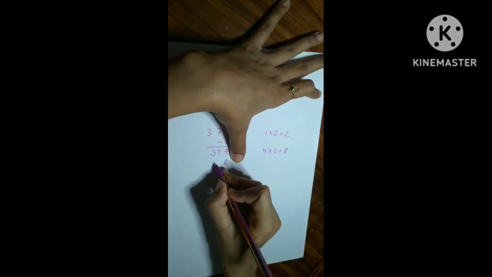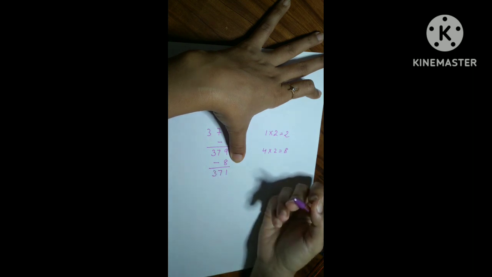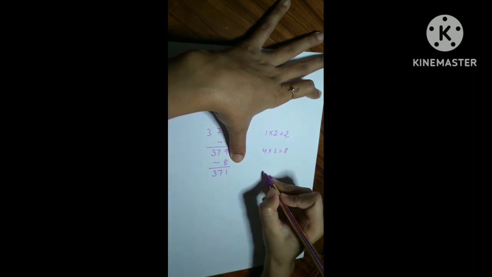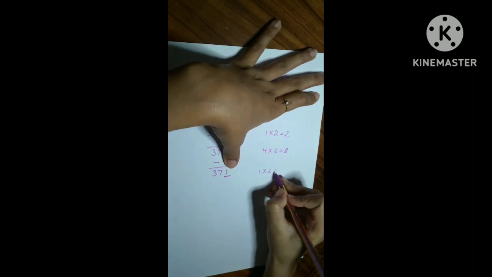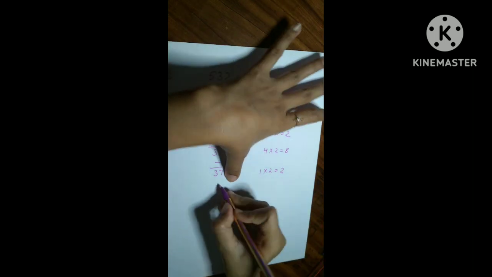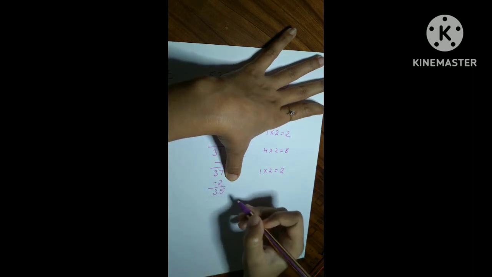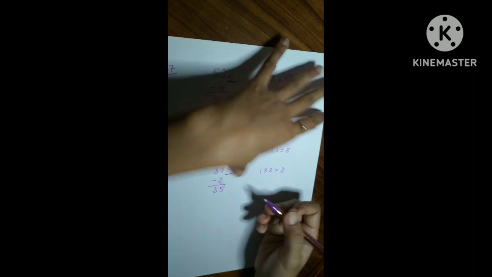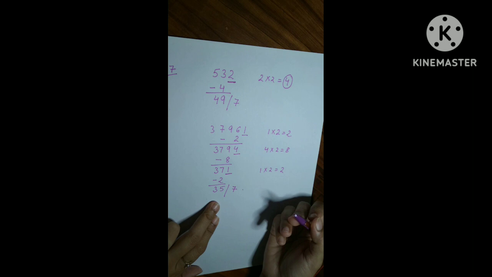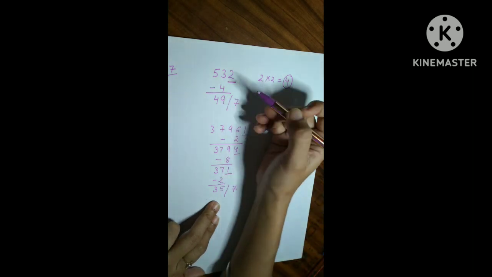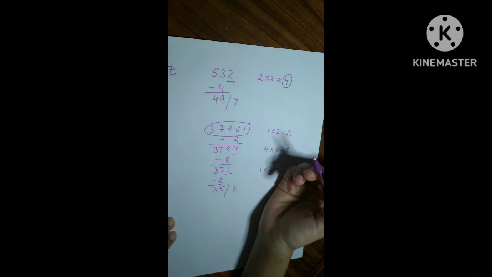Hide this. Again a big number. Hide this. So we got a 2-digit number. So is 35 divisible by 7? Yes, it is. Right? So this number will be divisible by 7.